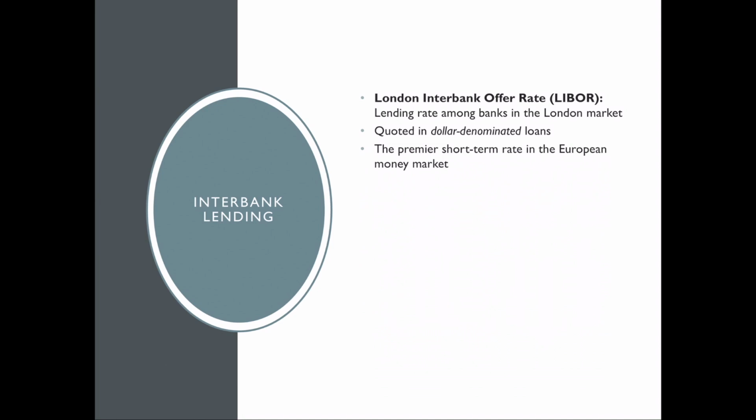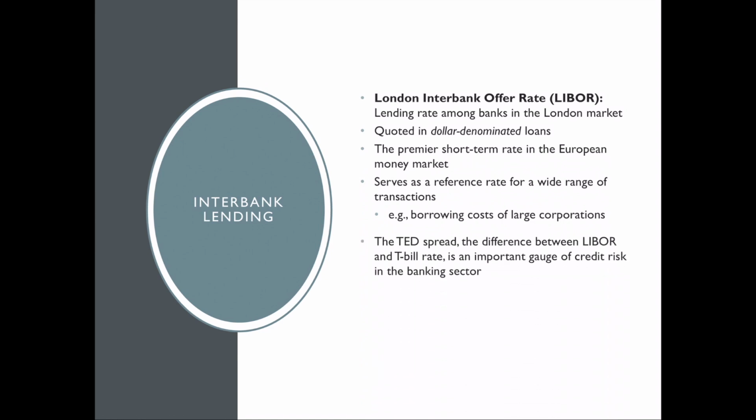So it is designed to reflect the rate at which banks lend among themselves, and it serves as a reference rate for a wide range of transactions. For example, the borrowing costs of large corporations. So oftentimes you'll see the borrowing cost being Libor plus 1.5 percentage points. So they reference Libor in these borrowing rates.